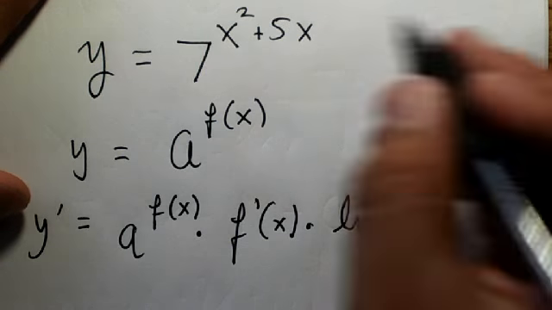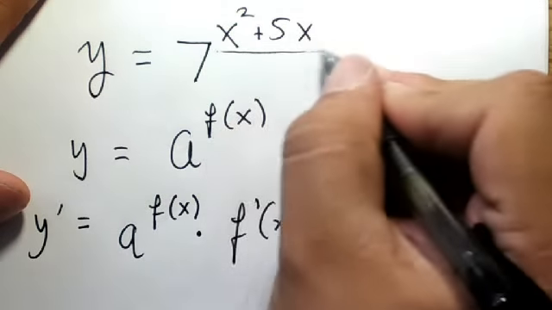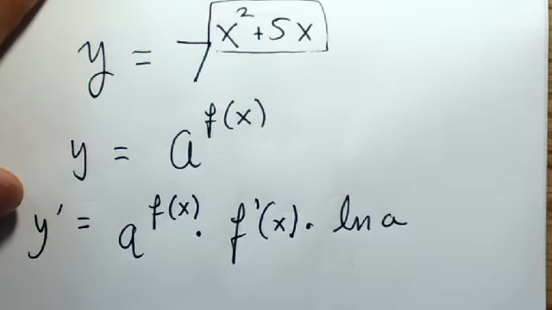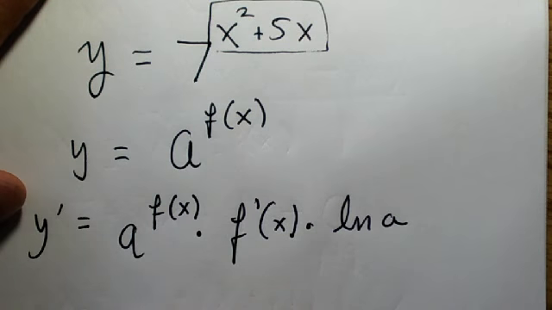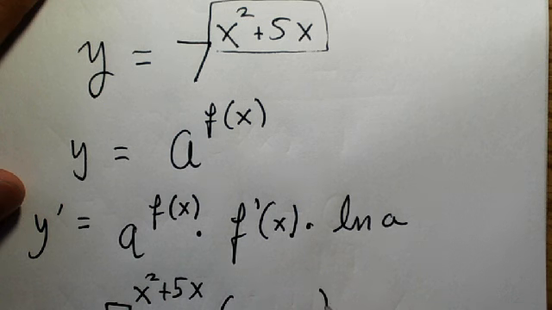So, since this is what I'm treating as my f of x up here, this would be 7 to the x squared plus 5x times the derivative of that, which is 2x plus 5, right?